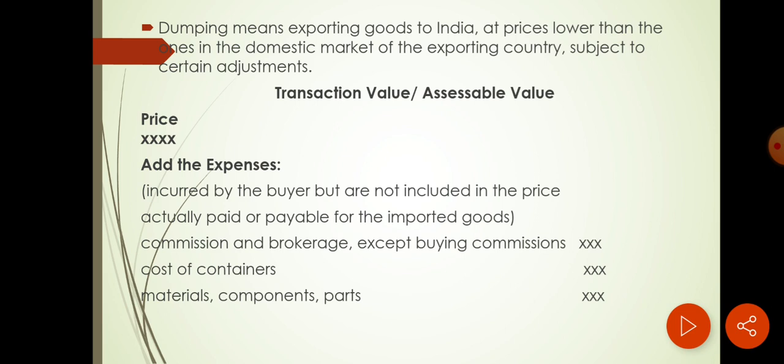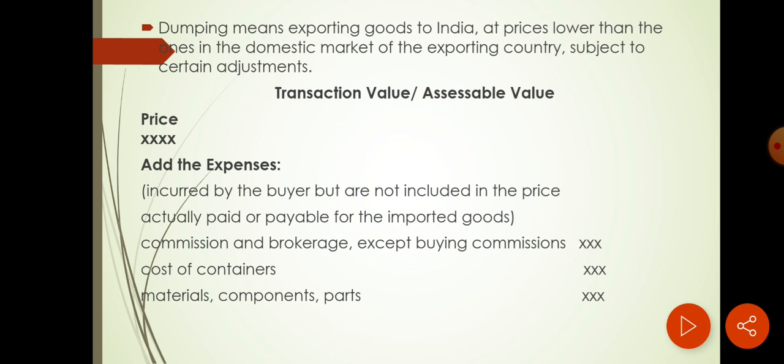Some expenses I have quoted here are those you commonly come across in problems. First is commission. If any commission and brokerage is there, that is to be added, but you should not consider the buyer's commission. If any buyer's commission is given in the problem, that is not to be included.